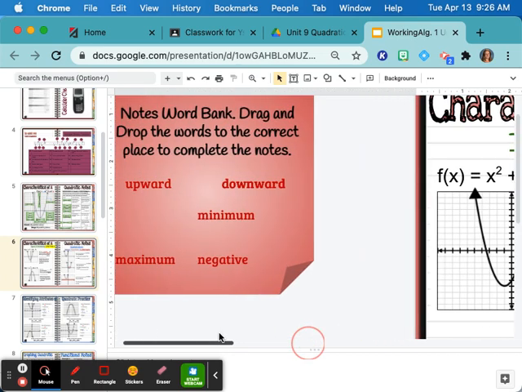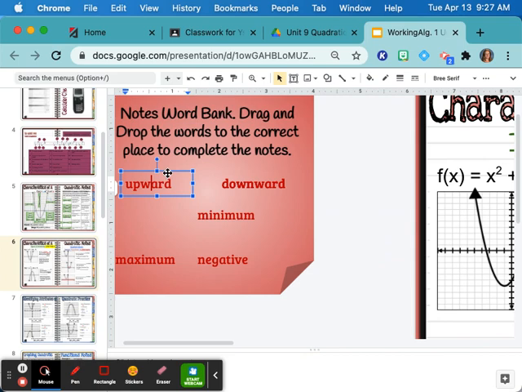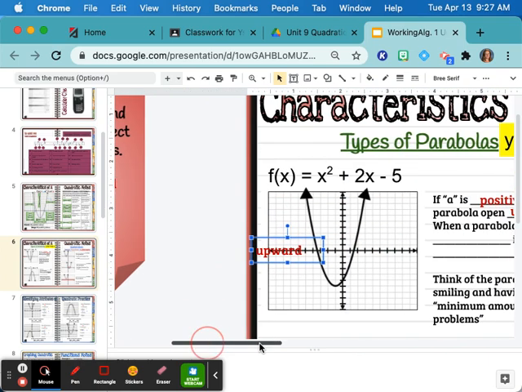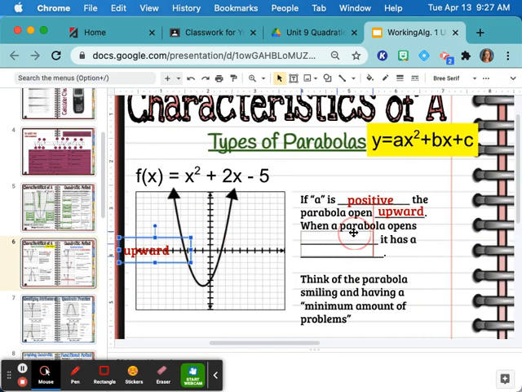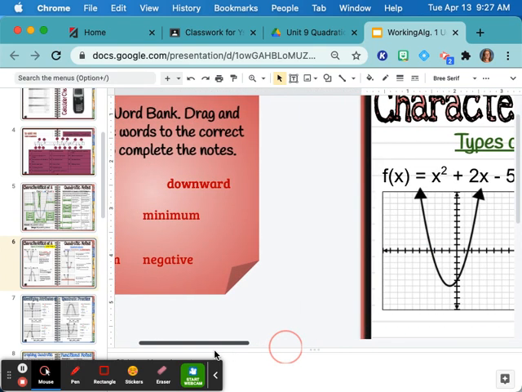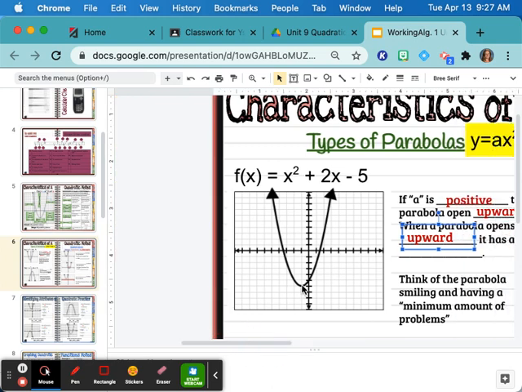When the parabola opens upward, is this going to have a minimum or maximum? Maximum. But these arrows mean it goes on and on forever, right? So then the only restriction we have is a minimum. So right here is minimum.